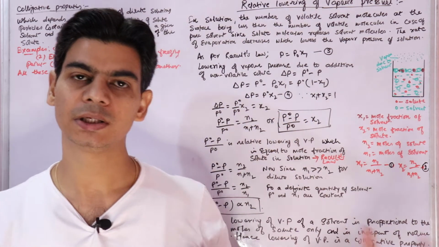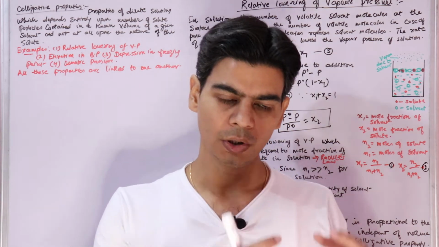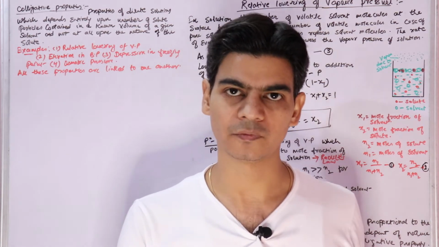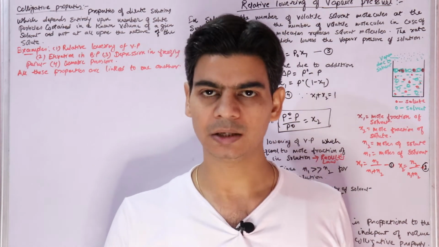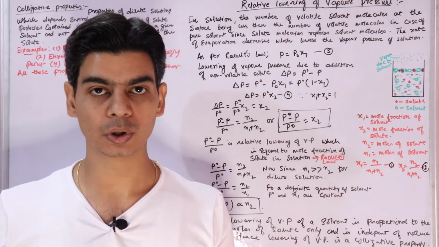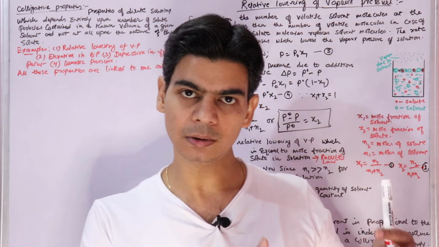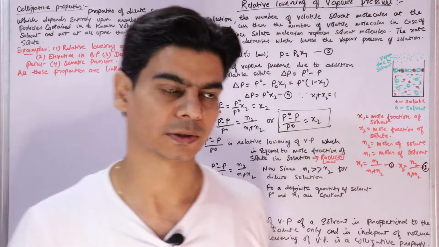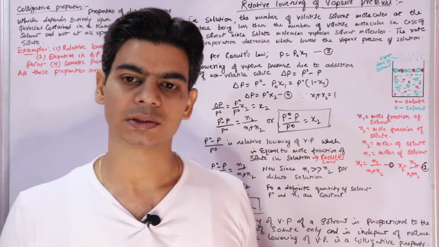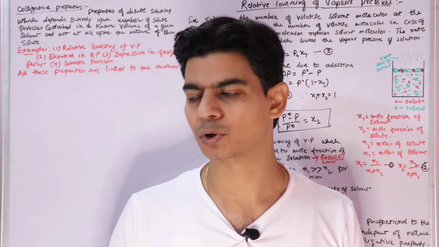If we increase the solute particles, that results in a lower mole fraction of solvent, and if the mole fraction of solvent goes down with the addition of more solute particles, that results in further lowering of vapor pressure. These kinds of properties that depend on the number of solute particles are known as colligative properties.